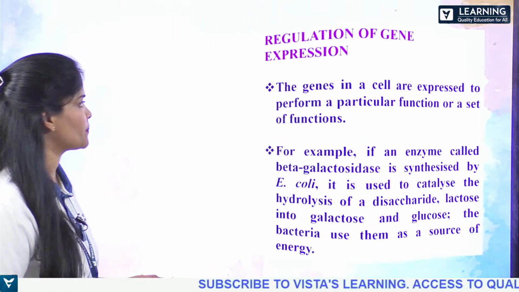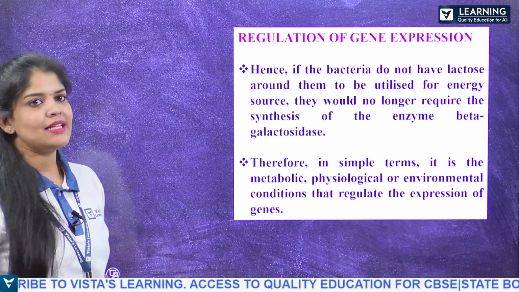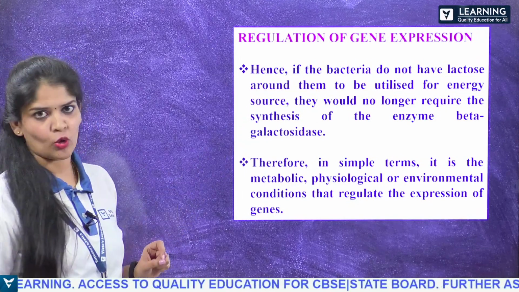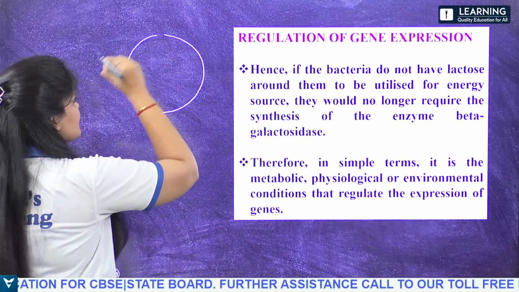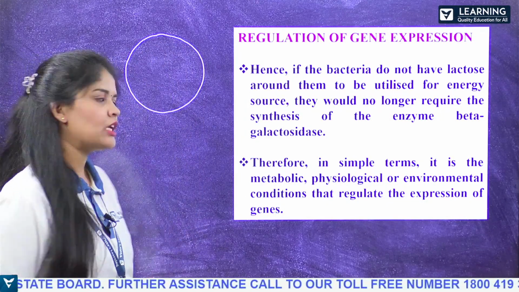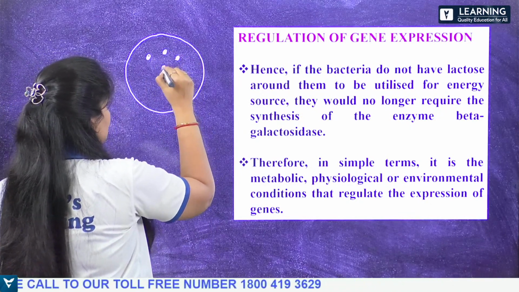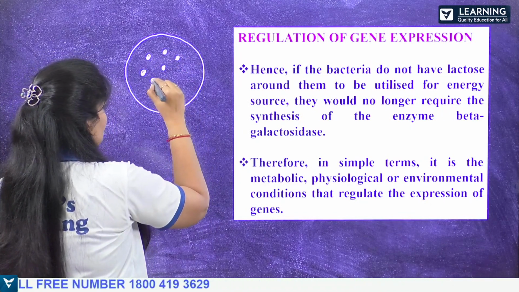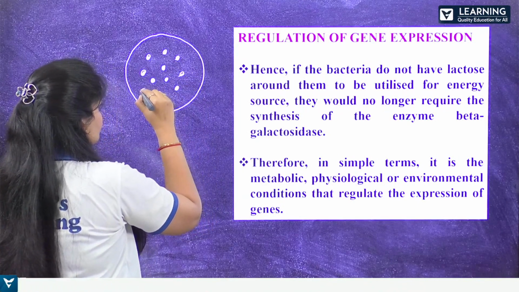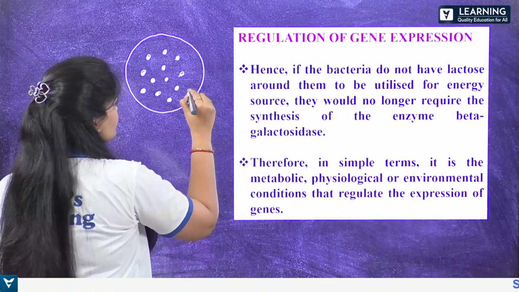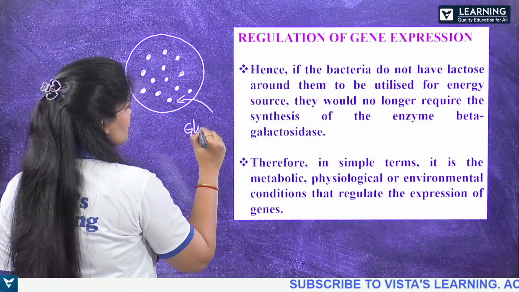Now, if the bacteria do not have lactose, for example, see, consider this is a petri dish, a petri plate, where the growth of the bacteria is present. And this petri plate is having a medium where we have given glucose.